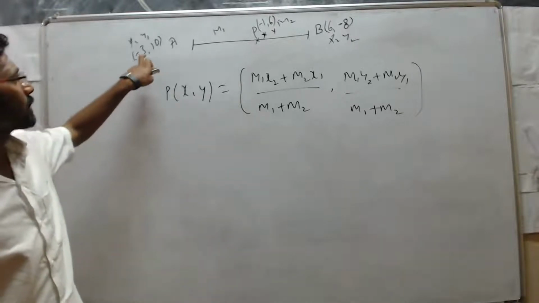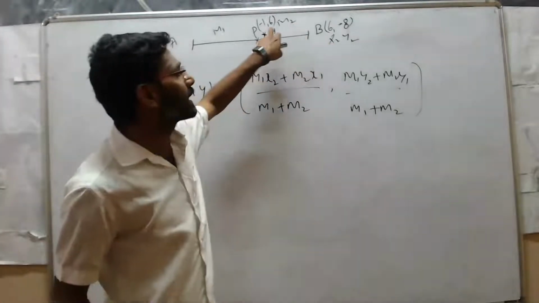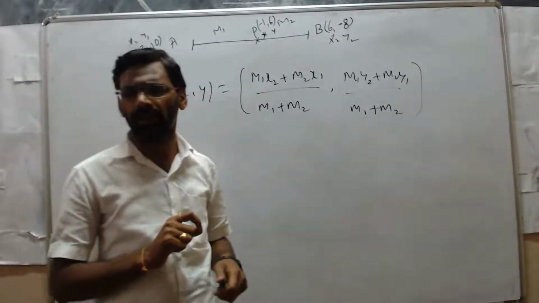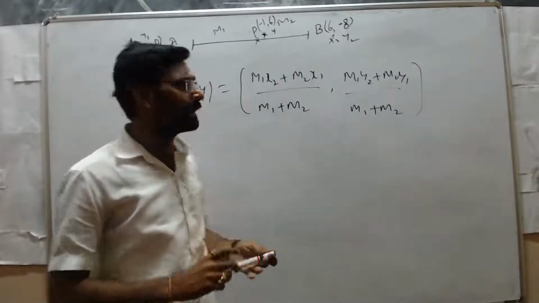Here x1, y1, x2, y2, and x, y are given. We have to find the value of m1 and m2.